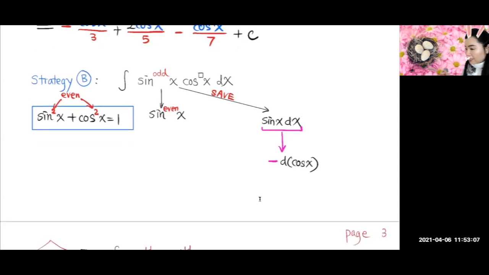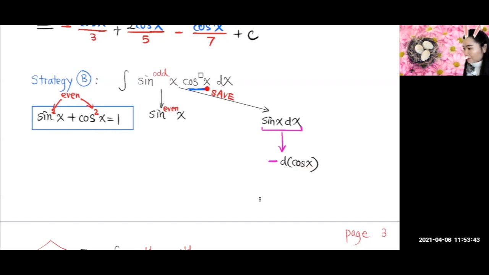You got it. Now this integral is going to be in terms of cosine x. This cosine x over here, some power of cosine x, is already in terms of cosine x, so you're not going to change it.